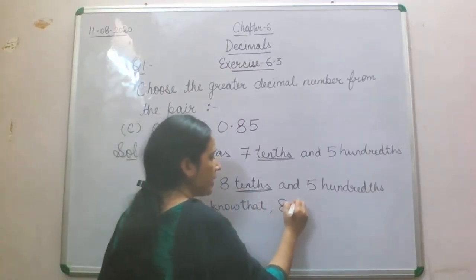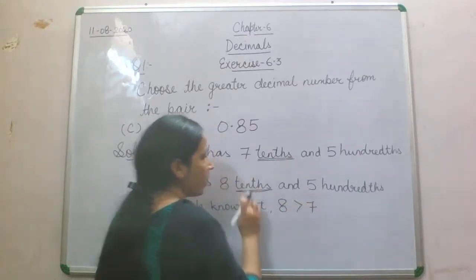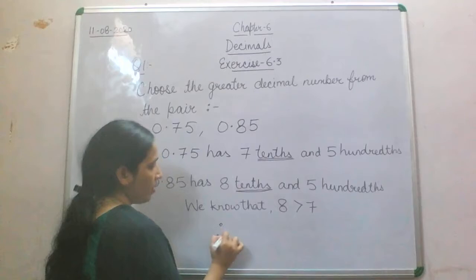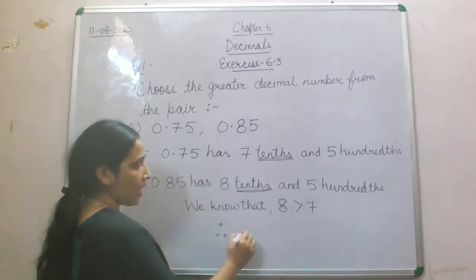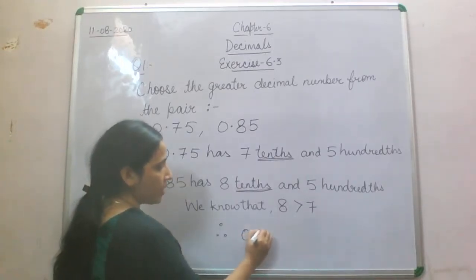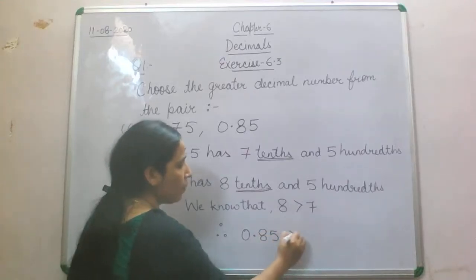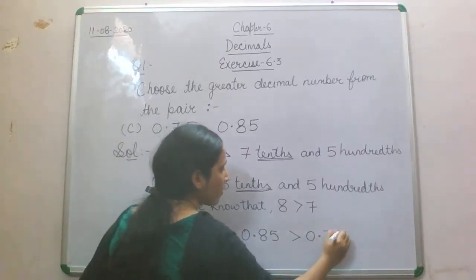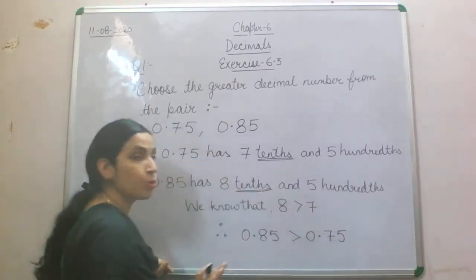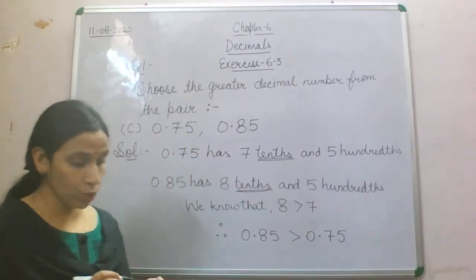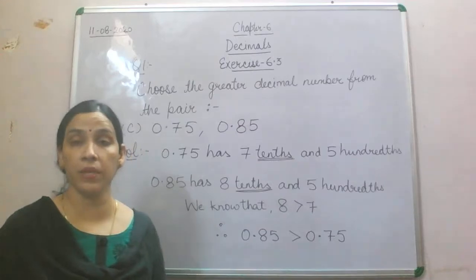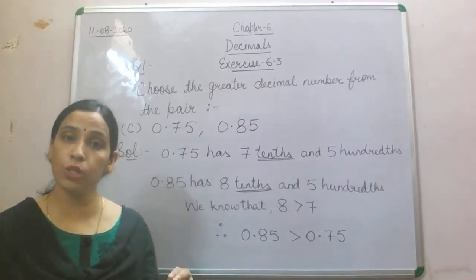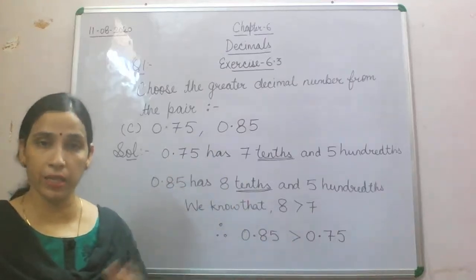Yes, 8 is greater than 7. Therefore, the decimal number which has 8 in the tenths place, 0.85, will be greater than 0.75. We are not going to compare the hundredths right now. First we compare the first decimal place. Then if we find that the first decimal place is also equal, we'll move to the hundredths place.